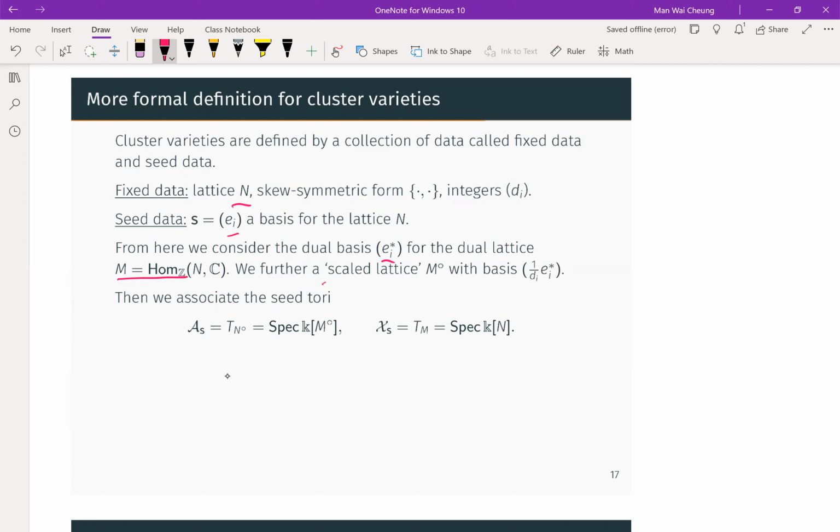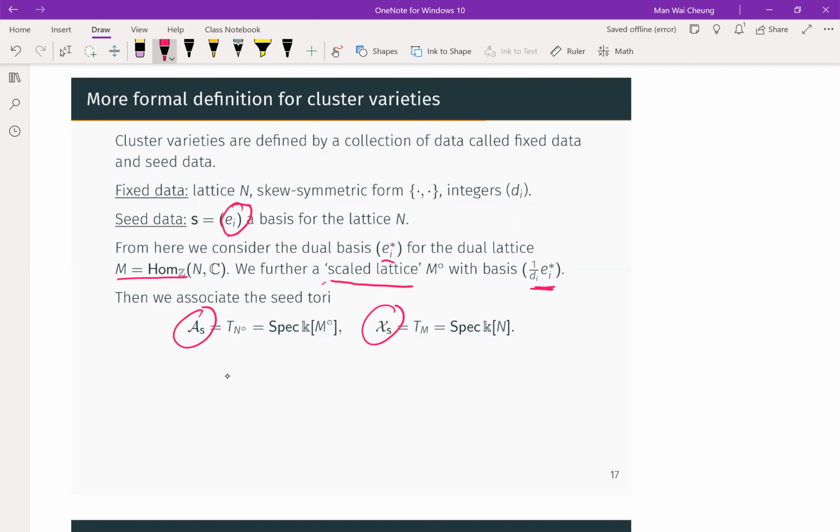So we look at a scaled lattice with basis coming from scaling by those d_i. So like we said, again, the cluster variety is made of tori. So this is the construction: with one seed we associate a torus to it. So this is our X and A.